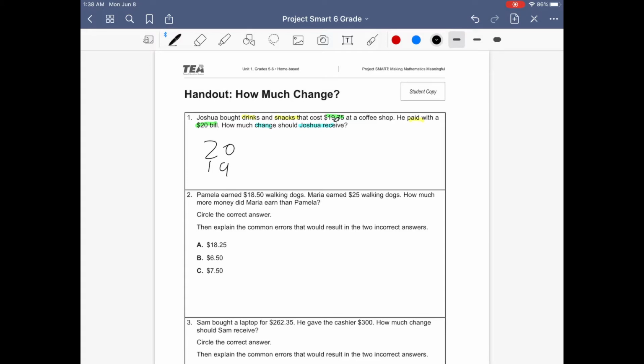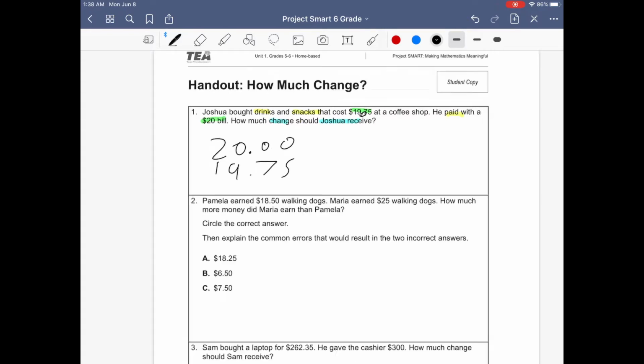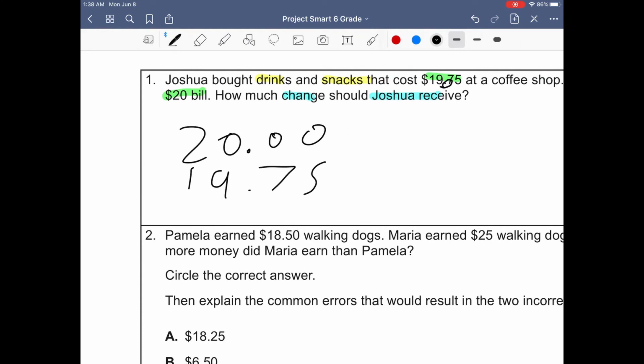So we're going to put 20 over 19, and it has 75 cents. The big issue is there are no numbers over here, so we're going to put a decimal and 2 zeros. Let me zoom in a little bit. Remember, a 0 cannot take away a number on the bottom, so we have to do old-fashioned borrowing.